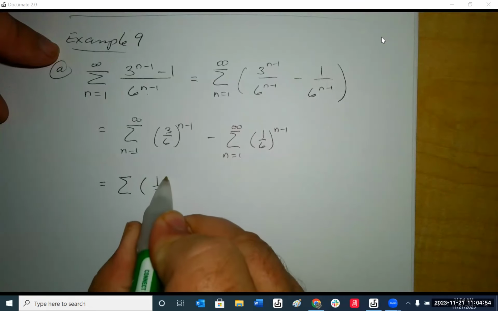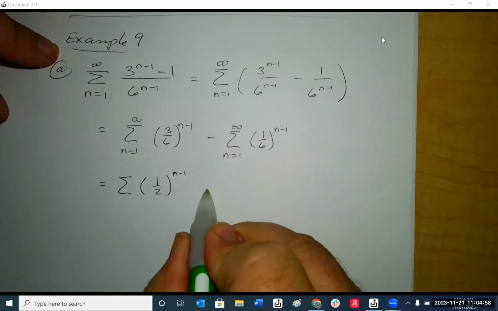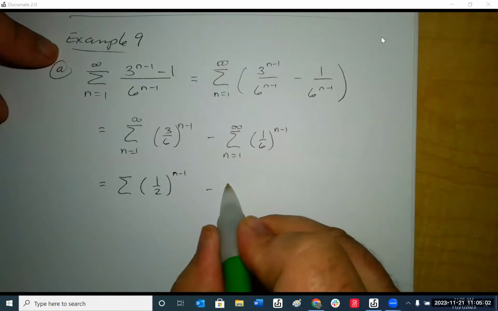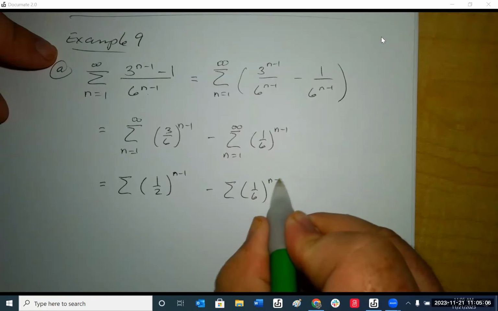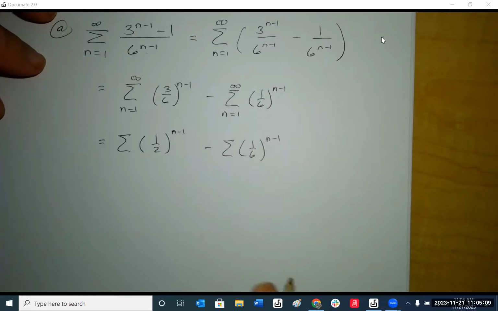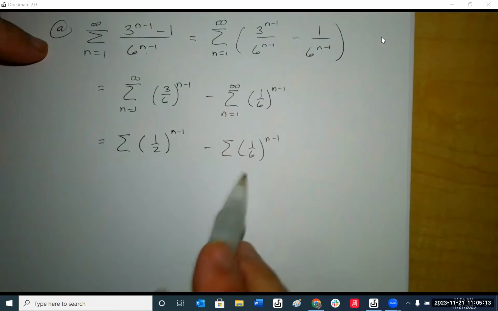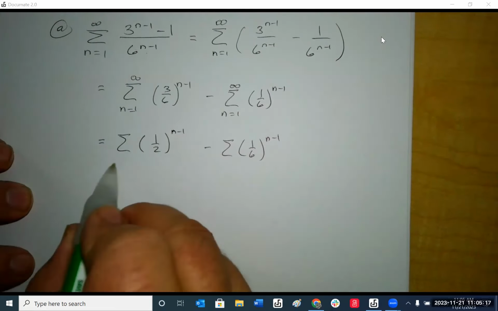Makes this one 1/2. Makes this one 1/2. All right. We put those on the bottom.